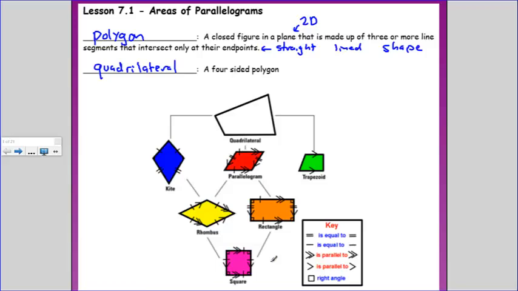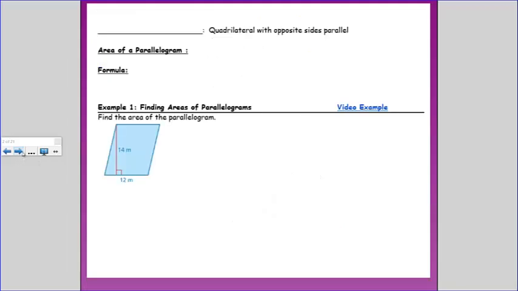It has everything combined together. The trapezoid does not work its way down. It's its own little thing here because it only has 1 pair of parallel sides, and that's it, while all these other ones have 2 pairs. So we're going to work our way through it as mentioned, but today we're going to focus on parallelogram, which makes this the easiest section.